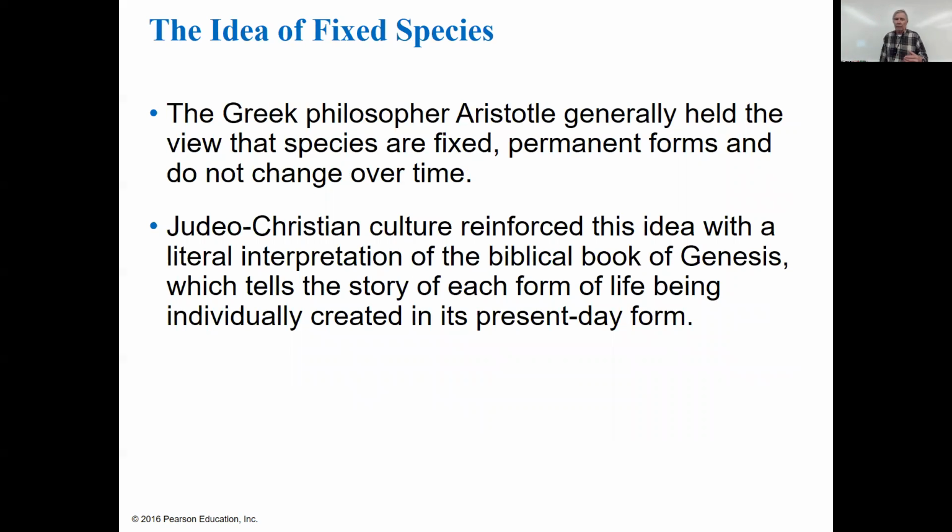Now, before this, thousands of years ago, Aristotle held the view that species were fixed, permanent forms and don't change over time. And it was a reasonable assumption because you don't see organisms changing really quickly. Every year, the same organisms are there, they look the same. Things don't really change all that much.